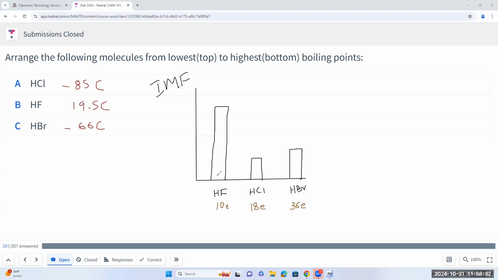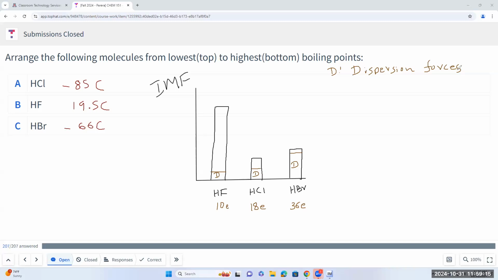Therefore, dispersion forces wise, let's call dispersion forces D. HF has the weakest dispersion forces, and then HCl has a little bit stronger dispersion forces than HF, but HBr has the most number of electrons, therefore it has the strongest dispersion forces. And what is D? D stands for dispersion forces. Okay, I'll write it out.